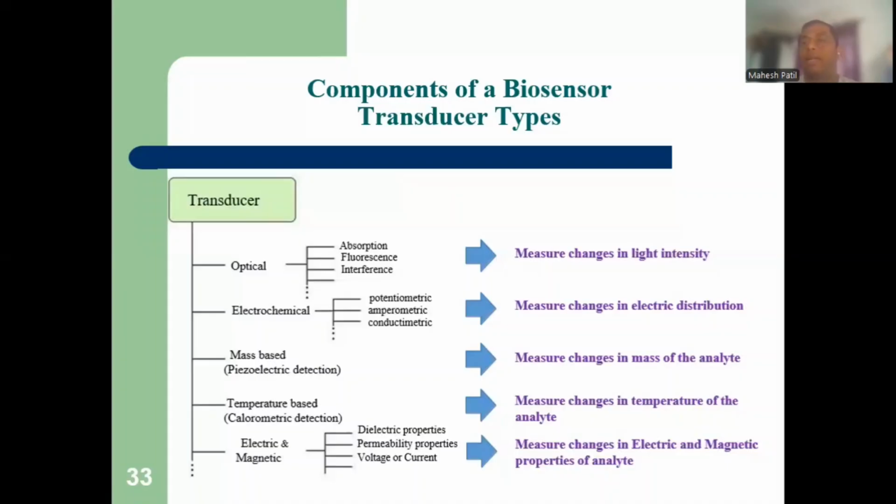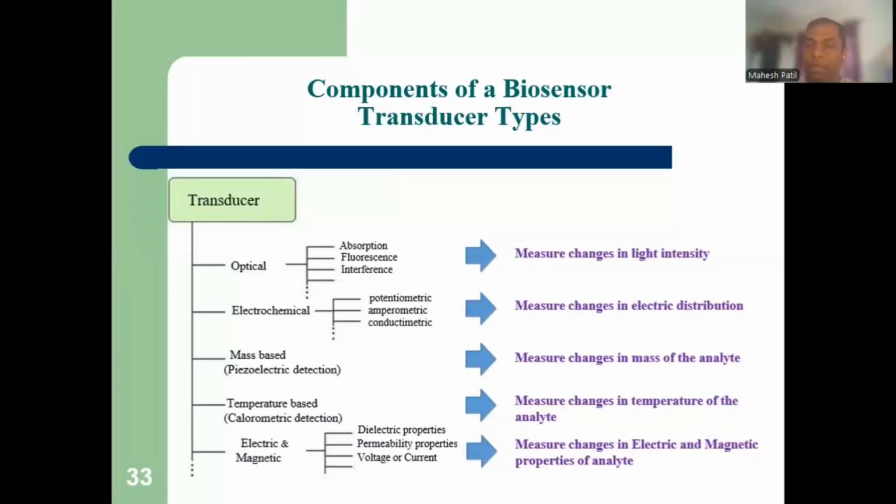Here we use a cantilever beam, a micro cantilever beam, where we use piezoelectric changes. Whatever mass change happens because of the pressure, we measure those changes in the mass of the analyte with this type of transducer.